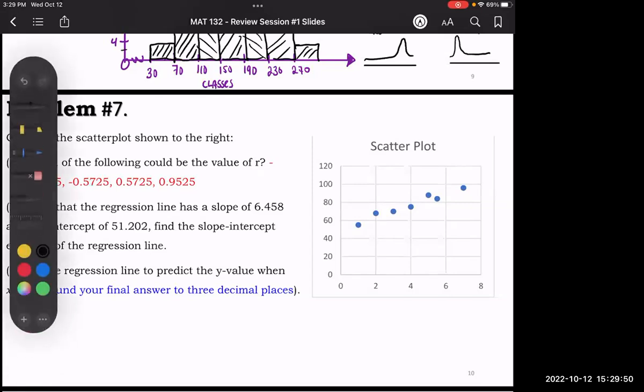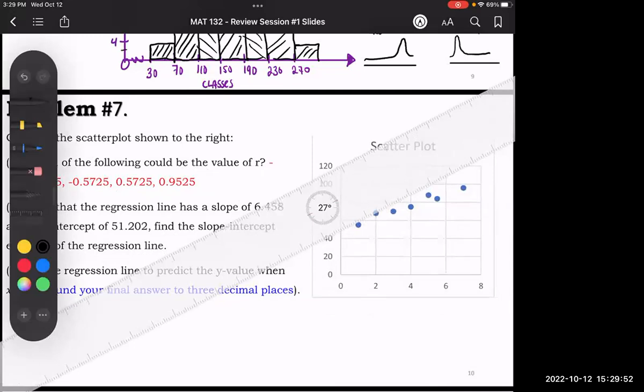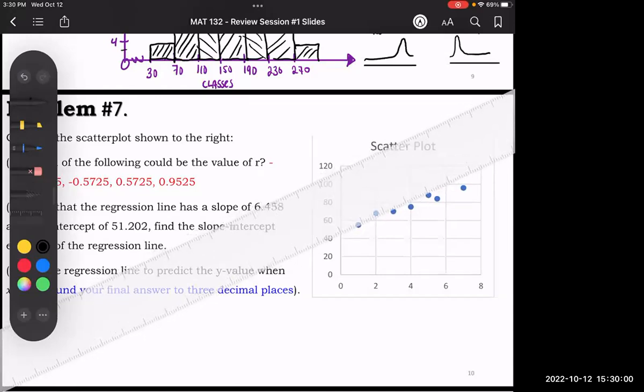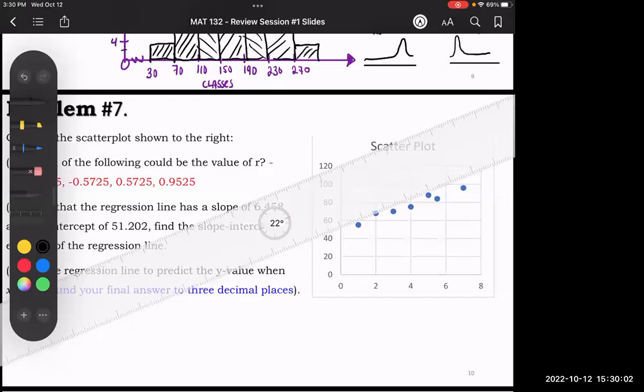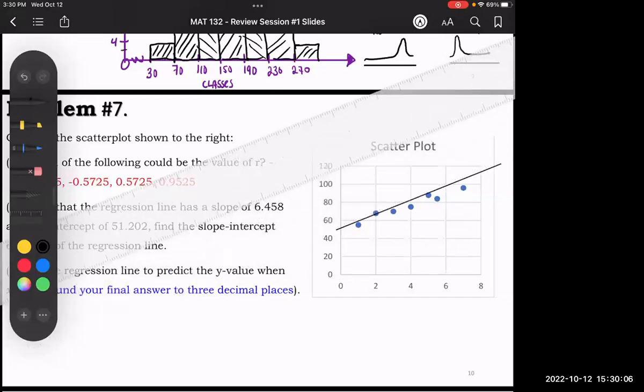Namely, if I just drew a line, I'm just drawing a random line, and it doesn't have to be this exact line. I'm just making one up. Let's say that this is our line, hypothetically speaking. Look at all those ordered pairs. Did all of them hit that line? No, but are they relatively close to that line?